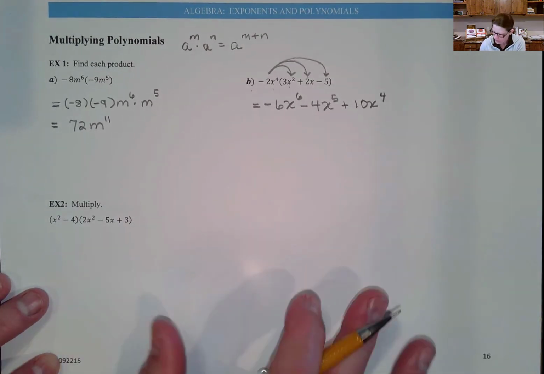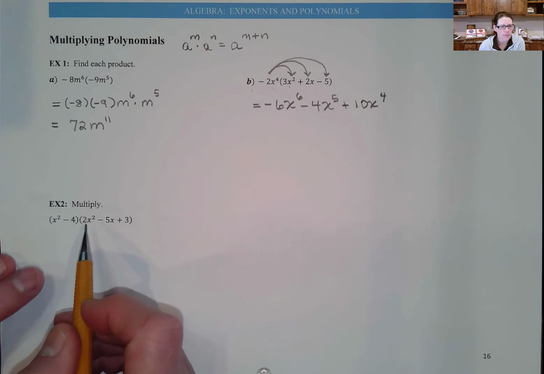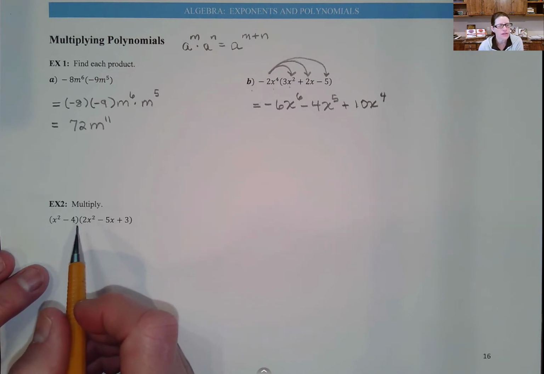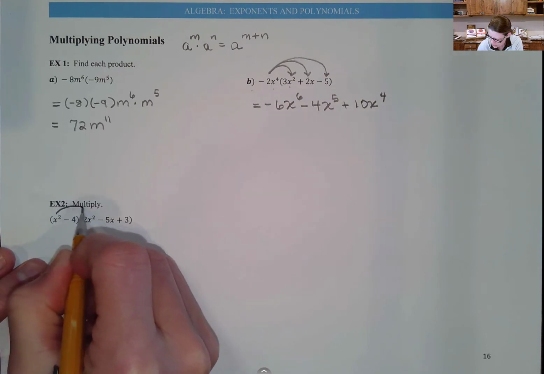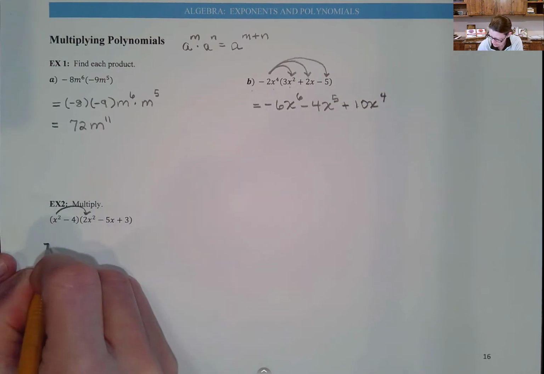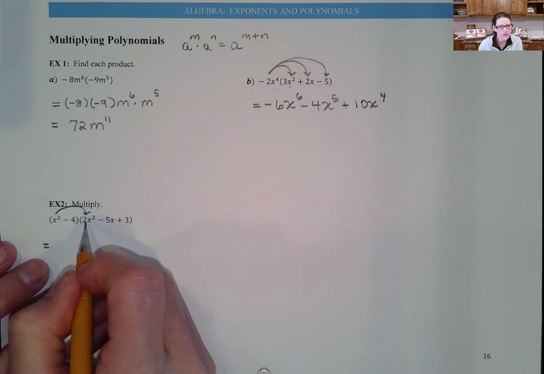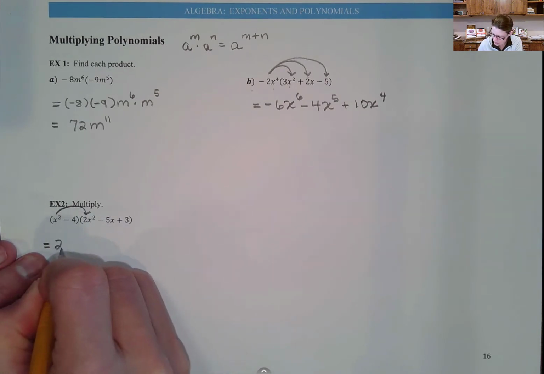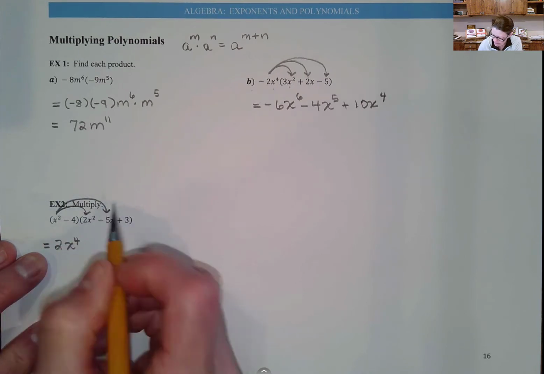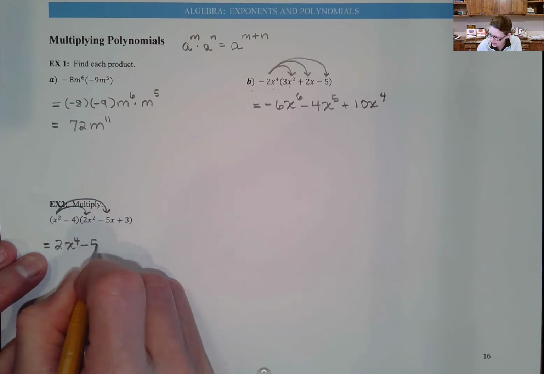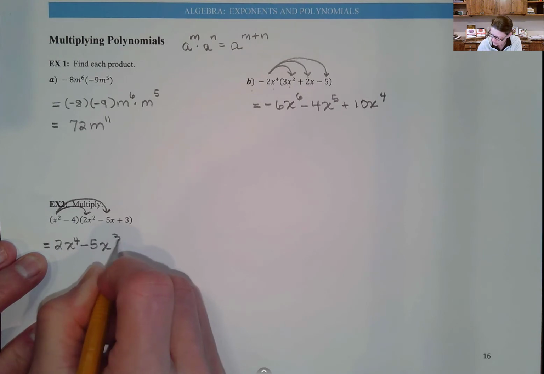Now in example 2, we want to continue and multiply. And again, I want you to think distributive property as we begin by distributing the x squared. X squared times 2x squared is 2x to the 4th. X squared times -5x is a -5x to the 3rd.